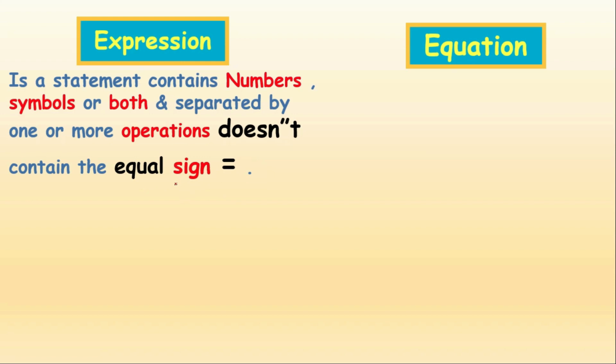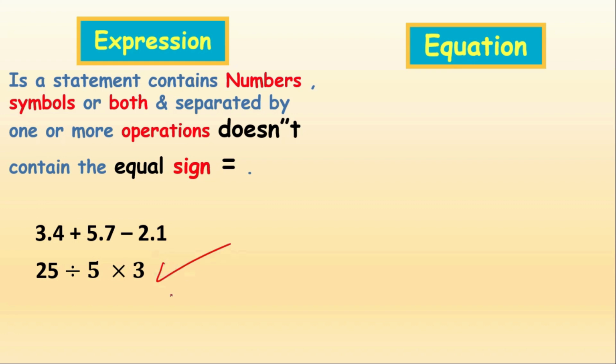Okay, for example, 3.4 plus 5.7 minus 2.1. Is this an expression? Yes, expression, because here we have numbers and operations. Another example, 25 divided by 5 times 3 is an expression: numbers and operations.